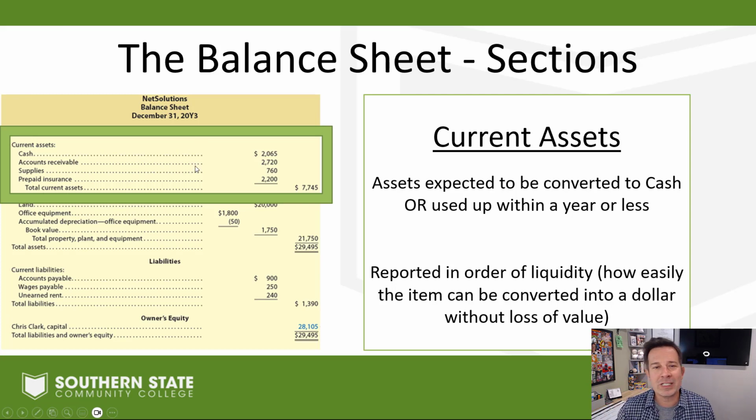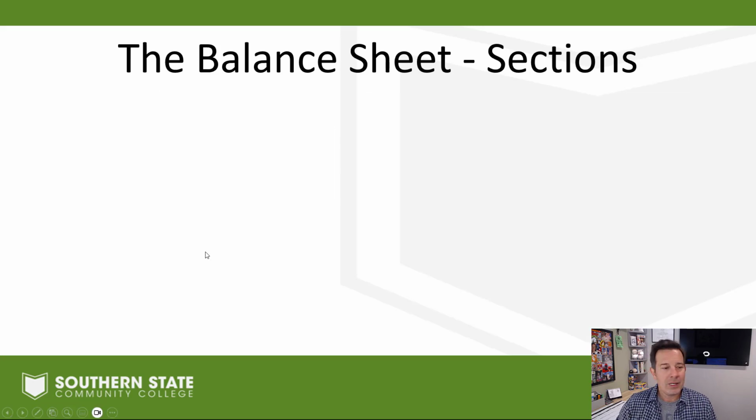Accounts receivable, we expect to collect in maybe 30, 60 days. So that's well within a year. Supplies, we expect to use up within a year. Prepaid insurance, and we expect to use that up probably within the year. And so current assets are any asset we're going to be converting to cash or using up within a year. It's current.